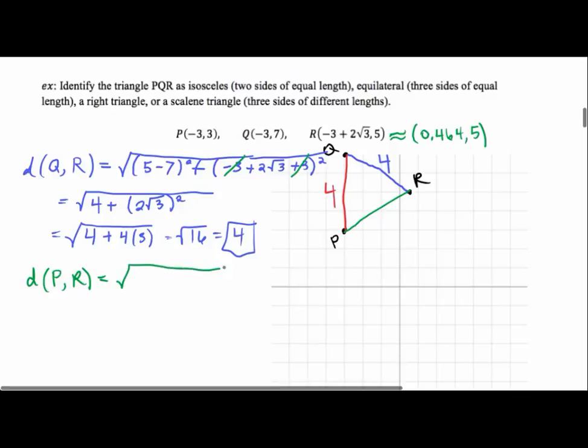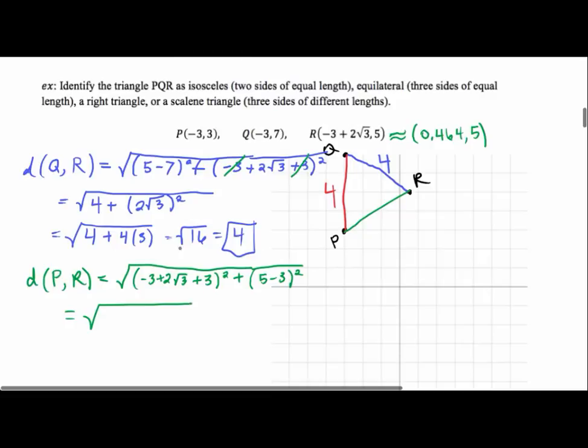All right, so let's see, what are we doing? P and R. Okay. x2 minus x1, right, is going to be negative 3 plus 2 root 3. That's my first x coordinate. Minus negative 3 will become plus 3, all squared. Plus y2 is 5 minus y1 is 3. So 5 minus 3 squared. The 3's cancel again, right?